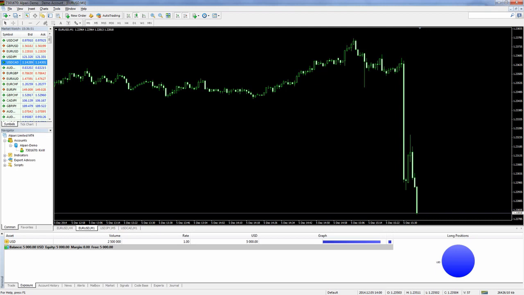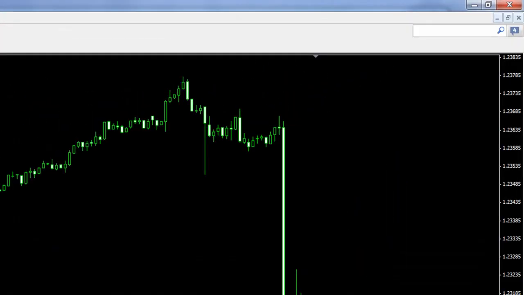New York time. And so this massive spike, how would we go about trading it if we're waiting for it and if we're watching the news? Well, generally speaking, or conceptually speaking, the method is quite simple. So what you would do, first of all, is you would obviously look at the news.